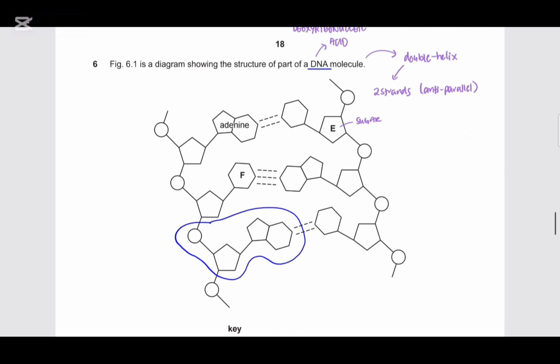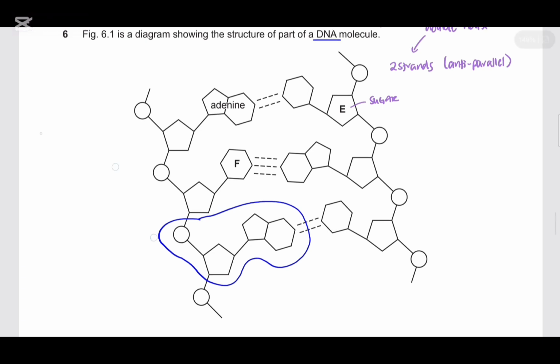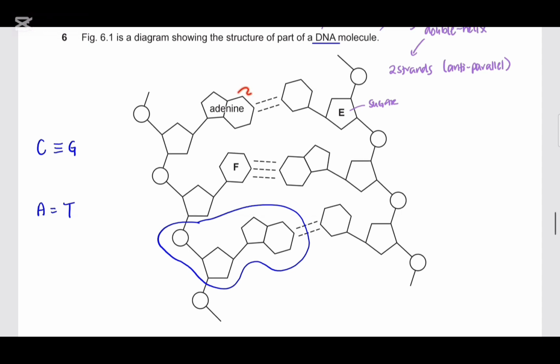The hint they are giving us here is that we have 3 hydrogen bonds. 3 hydrogen bonds are only formed between the bases cytosine and guanine. 2 hydrogen bonds are formed between adenine and thymine. So we already see that adenine here forms 2 hydrogen bonds, so this is going to be thymine. And for 3 hydrogen bonds, it's either cytosine or guanine.